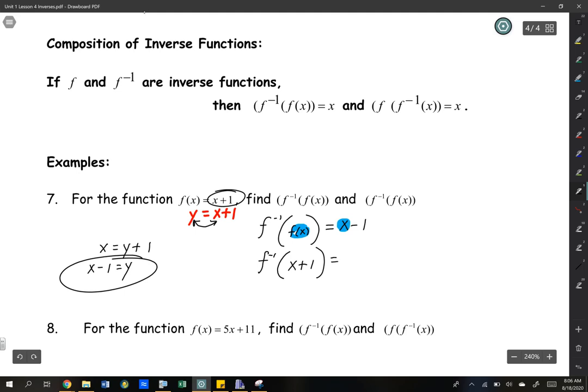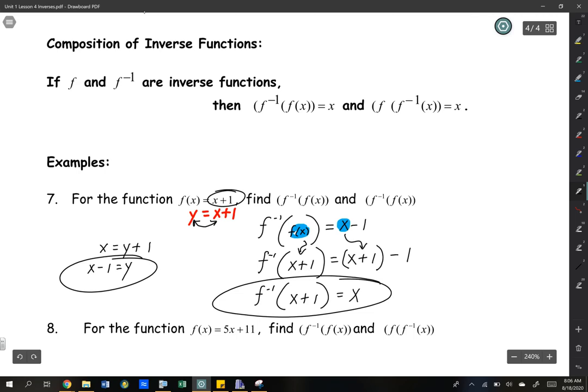So we're going to replace x with x plus 1, minus 1. And what do we end up with when we do that? Well, x plus 1 minus 1 is x. We're happy about that. Proves my point there.